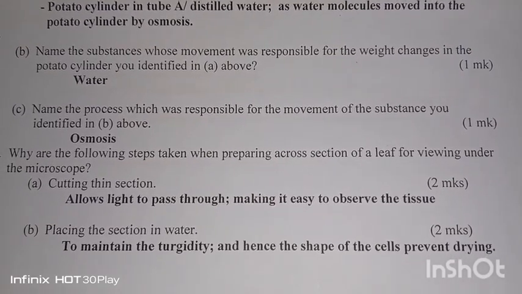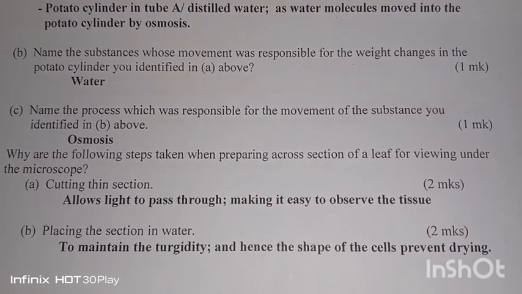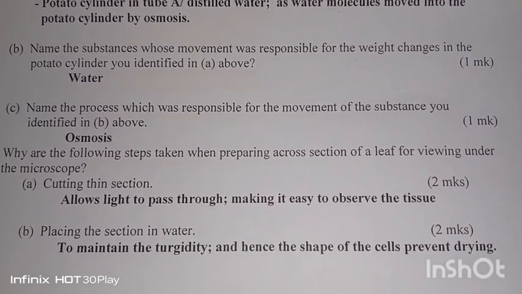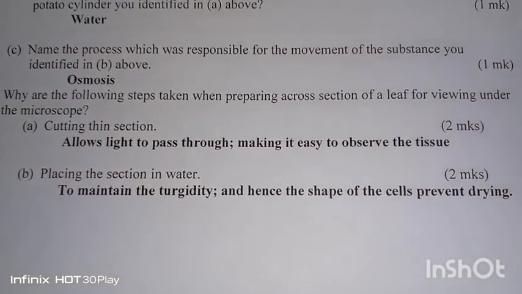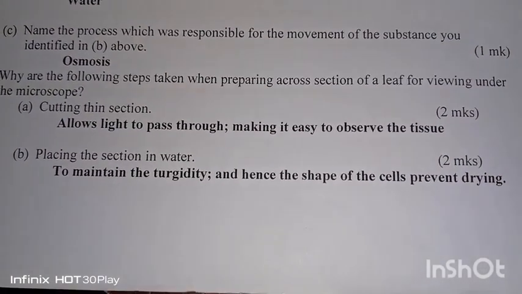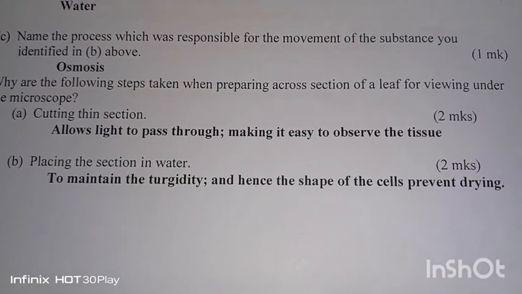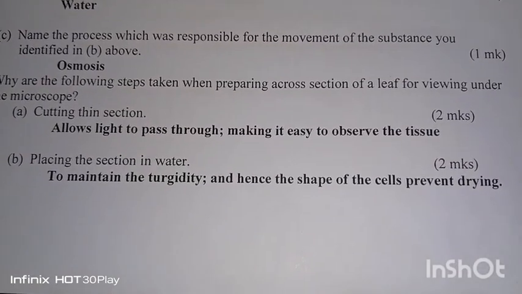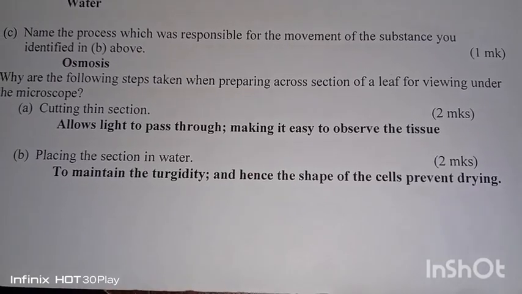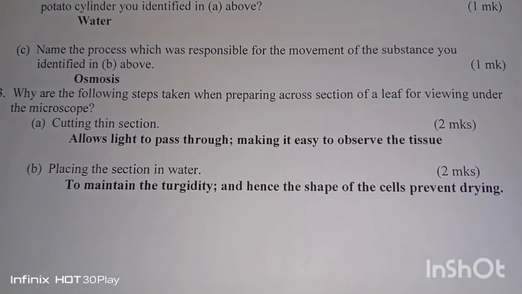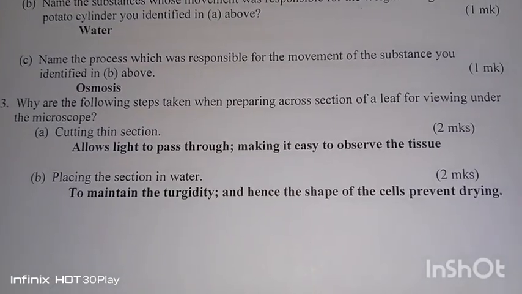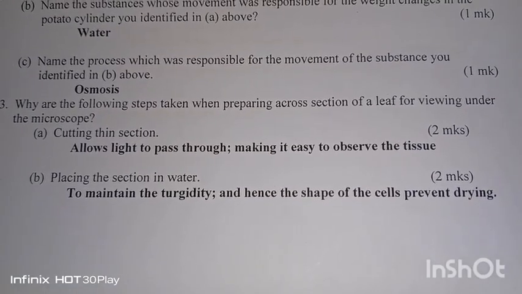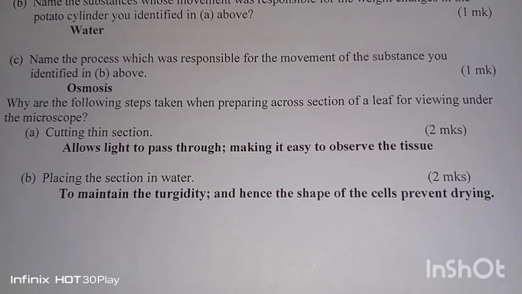Then name the process responsible for the movement. Of course, I have discussed it. It's osmosis, because for water movement from a region of high water potential to a region of low water potential, it's basically osmosis involved.